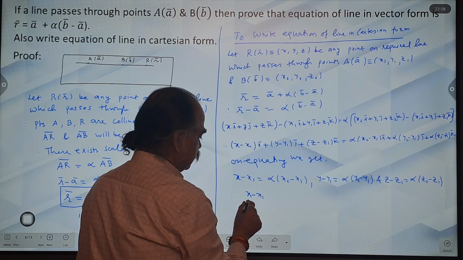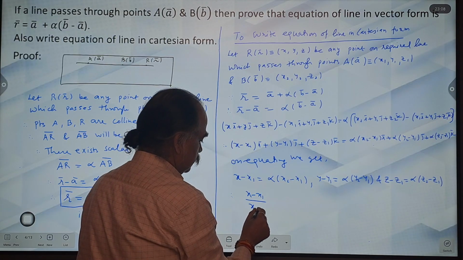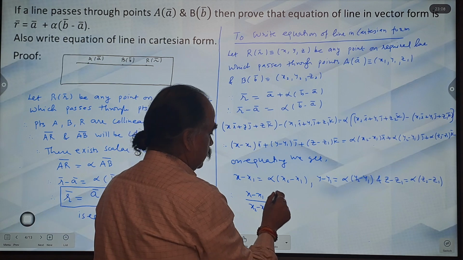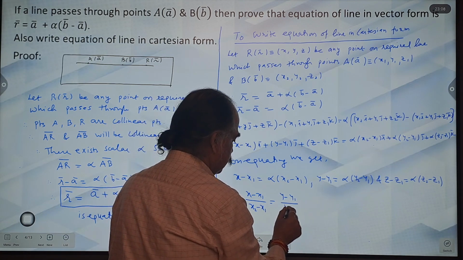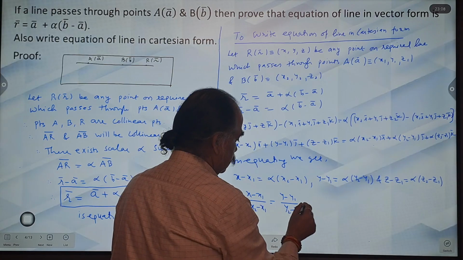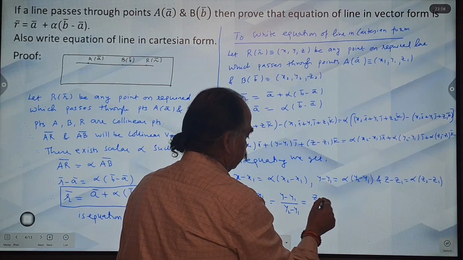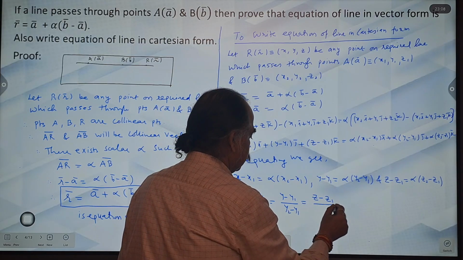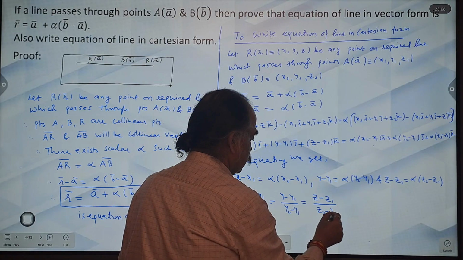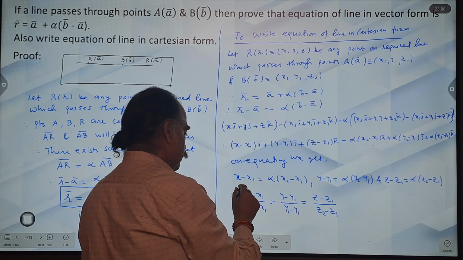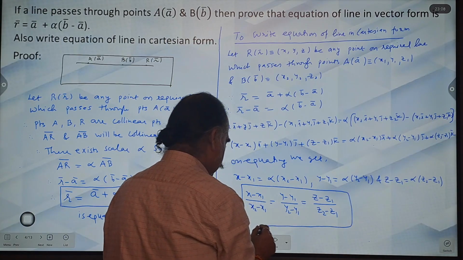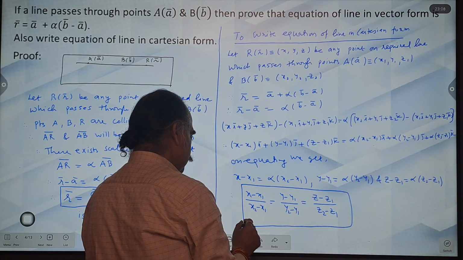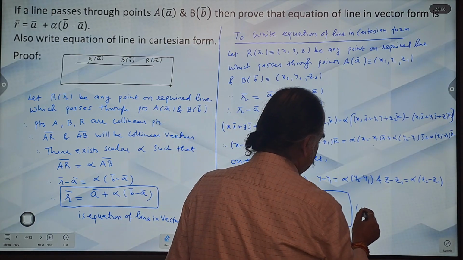So x minus x1 upon x2 minus x1 is alpha, which is same as y minus y1 upon y2 minus y1, which is same as z minus z1 upon z2 minus z1. This is the equation of line in Cartesian form.